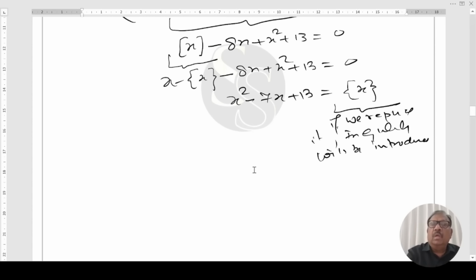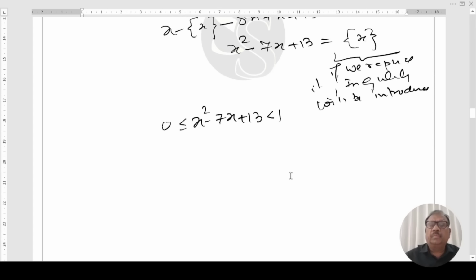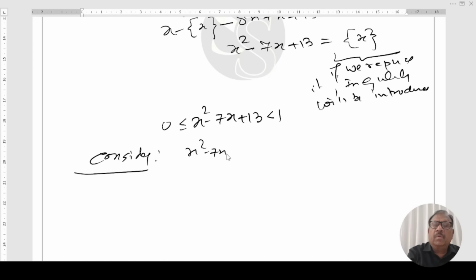Now, x square minus 7x plus 13 greater than or equal to 0, and less than 1. Considering x square minus 7x plus 13 greater than or equal to 0 first.